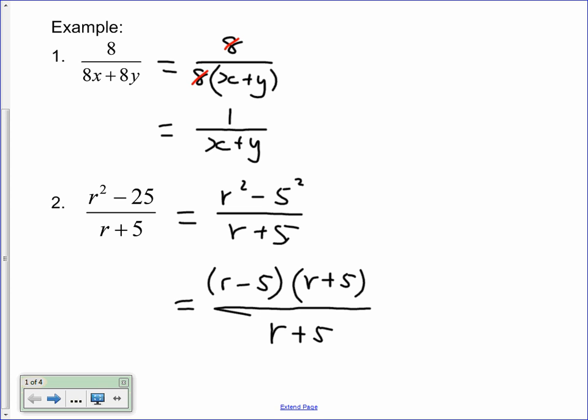So what cancels out? The common factor of r plus 5. You've got r plus 5 on the top and r plus 5 on the bottom. They both cancel out, and so we're simply left with r minus 5.